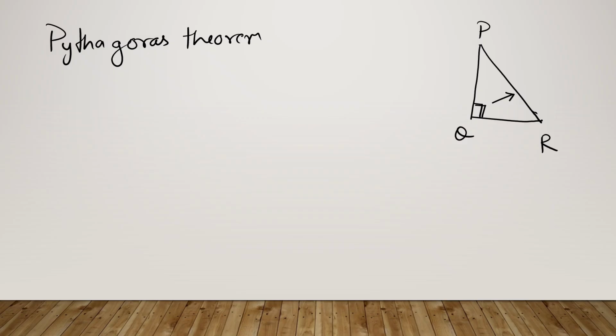The Pythagoras theorem says that the square of the longest side, that is PR square, will be equal to the sum of the squares of the other two sides, that will be PQ square and QR square.